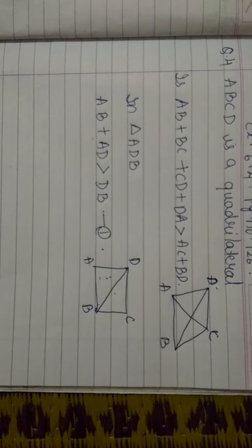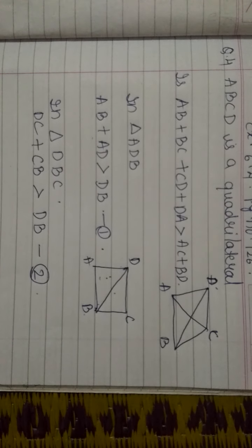By the property, the sum of two sides of a triangle is greater than the third side. Now children, in triangle DBC, again DC plus CB is greater than DB.